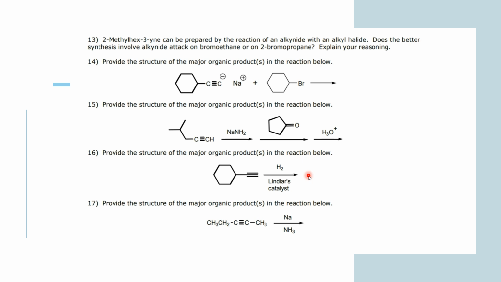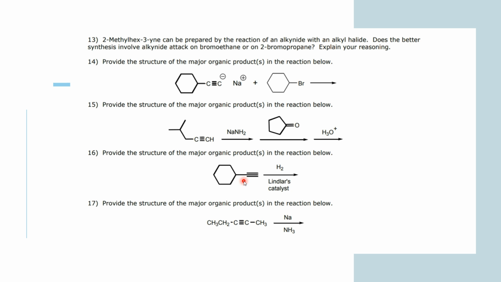After breaking the interaction of hydrogen and metal surface, hydrogen atoms are transferred to the starting material, giving cis addition of hydrogen atoms across the carbon carbon double bond.